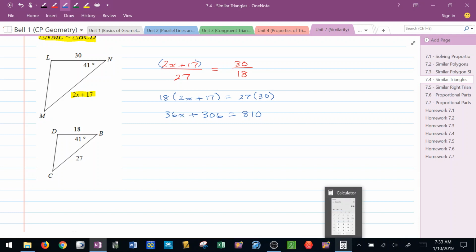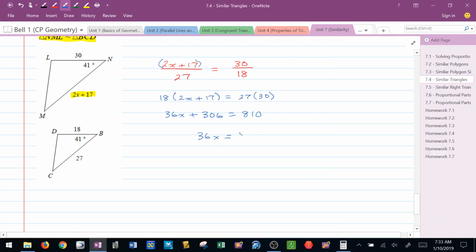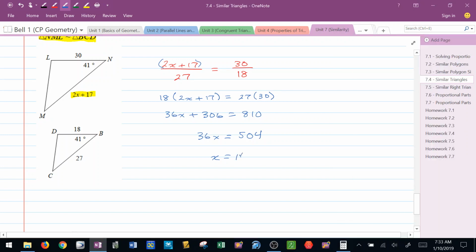I'm going to subtract 306. So I have 36x is equal to 810 minus 306, which would be 504. Divide 504 by 36. And I get x is 14.